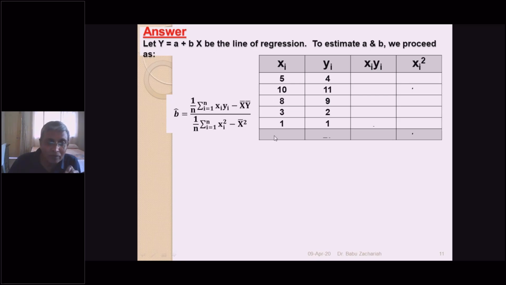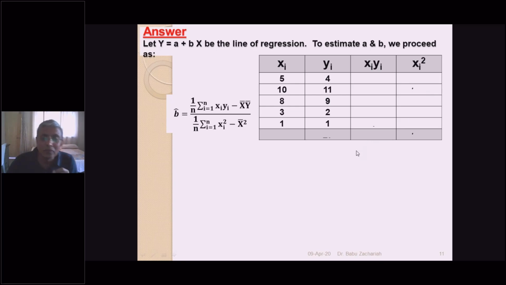First, get the total of xi and divide by n, which is 5. So divide by 5, you get x bar. Then this total divided by 5 gives y bar. And xi into yi you calculate, the total is here. That will be divided by n. Then we can subtract this. Similarly, to calculate this sigma xi square, I have created the last column.